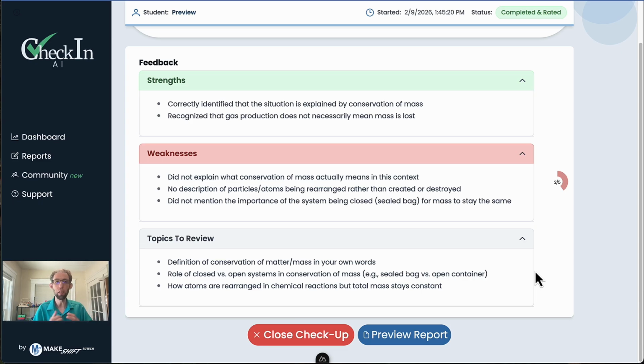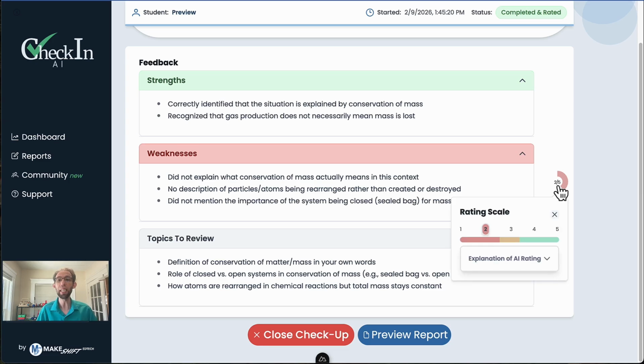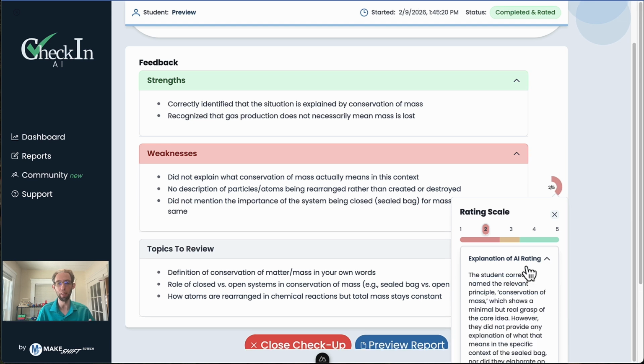And I have seen teachers using this with students who love it as a review before tests, so they know what they understand and what they don't. And this overall rating is not an average of the individual ratings. It is the AI looking at the entire conversation and seeing, do they understand the topic or not? It also provides an explanation, like before.